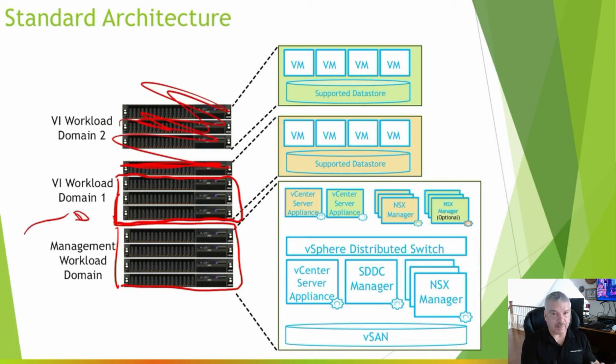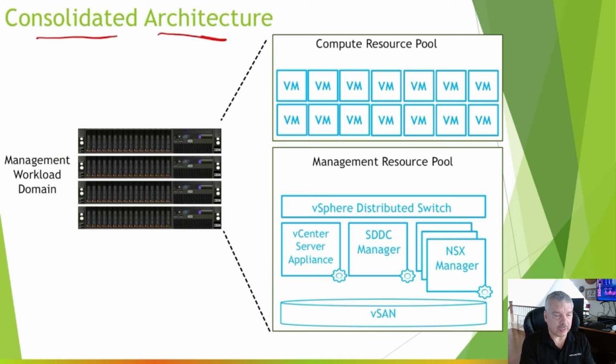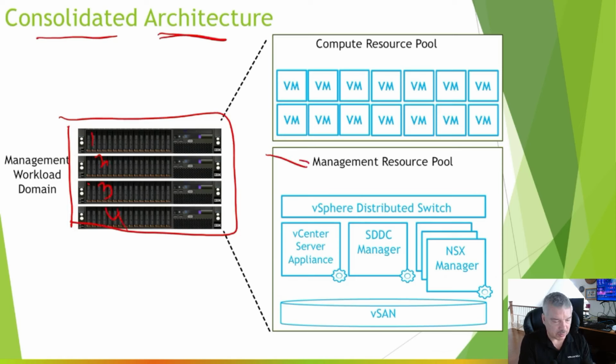To get around that, VMware gives you an option. So this is called a standard architecture, and this is called a consolidated architecture. Notice in this one here, we have our management workload domain, our 4 servers, 1, 2, 3, 4 ESXi servers. You see our management resource pool here that has the vCenter server for management, has the SDDC Manager, which we'll talk about, and then it has the NSX management cluster.